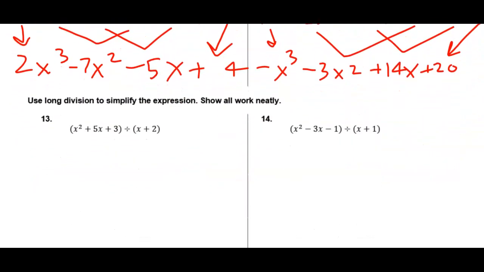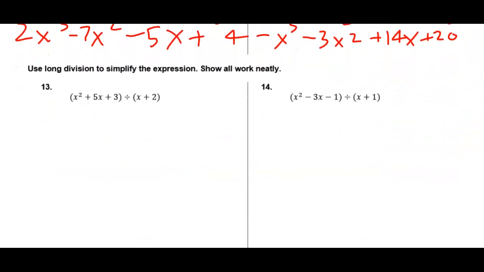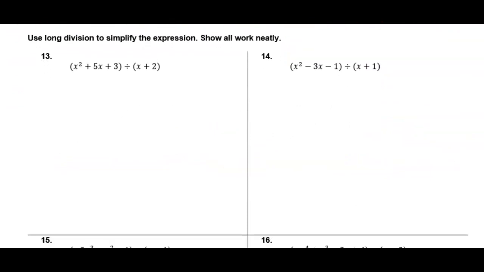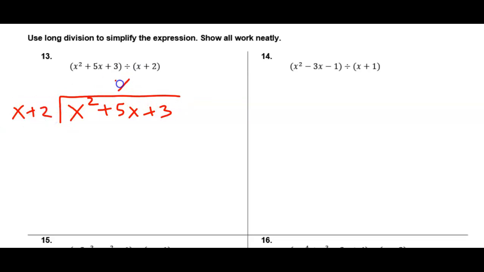Then we have to be dividing. Now this says using long division. You can use whatever method you like, synthetic or long division. But if we're going to do this the long division way, first term divided by first term, x squared over x is x.